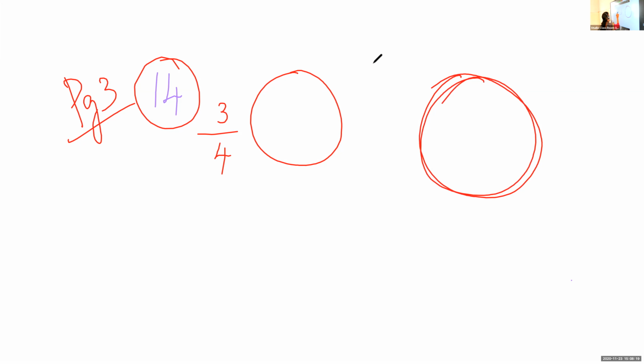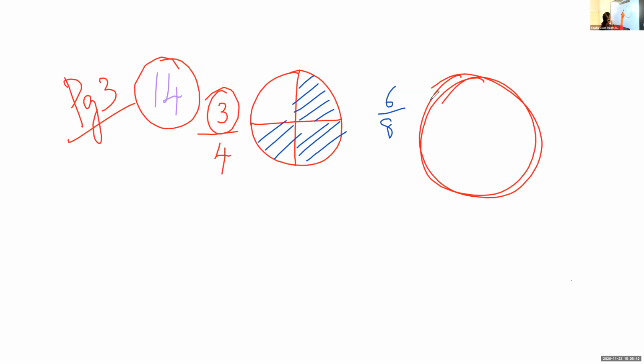So children, what do you have to do here? Divide that into 4 parts. How many parts should be colored? 3 parts. So you can color 1, 2, 3. And next you have to color 6 by 8. So children, try to draw the parts equally.